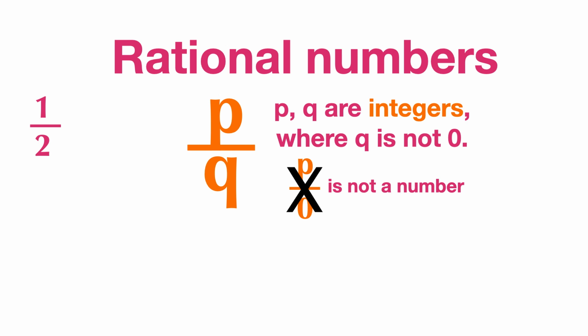For example, 1 over 2 is a fraction, because P equals 1 and Q equals 2, and 1 and 2 are integers. Therefore, 1 over 2 or 1/2 is a rational number. 5 over 0 is not a number because Q cannot be 0, and this kind of number does not exist.